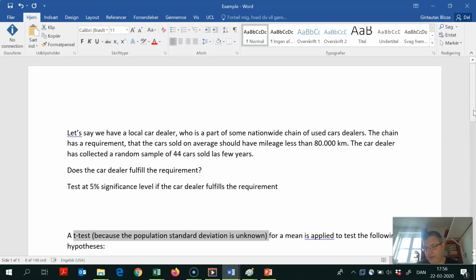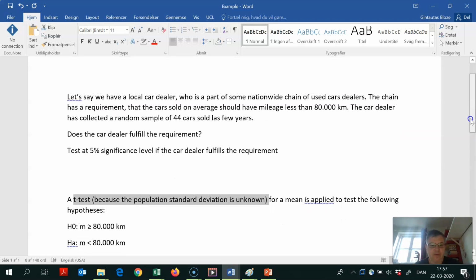If you want to think about these hypotheses, you can pause the video and state the hypotheses in your head or on a piece of paper. But if we move on, the alternative hypothesis is that the average mileage of sold cars at the car dealer is less than 80,000 kilometers.